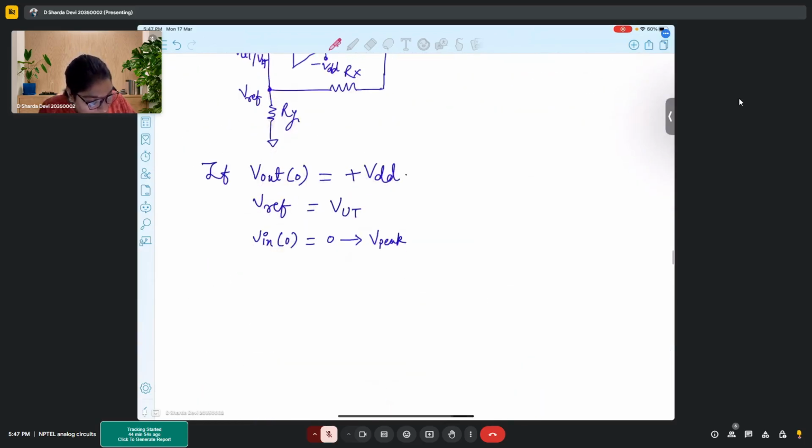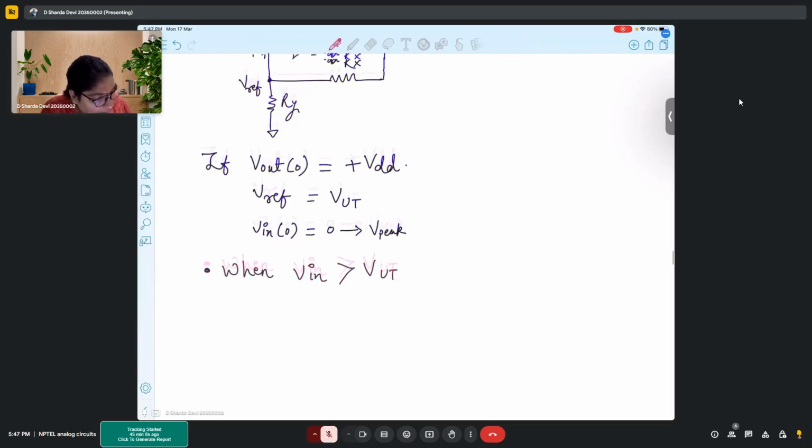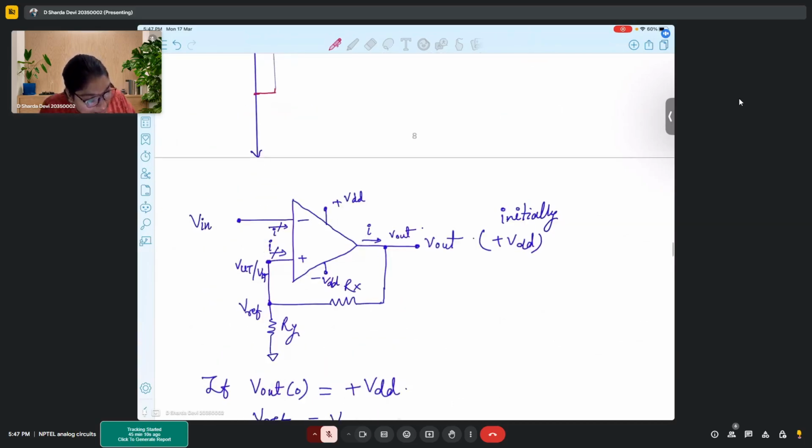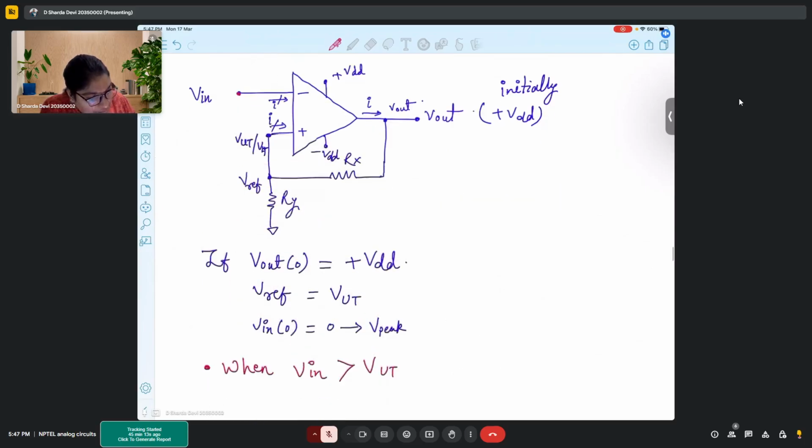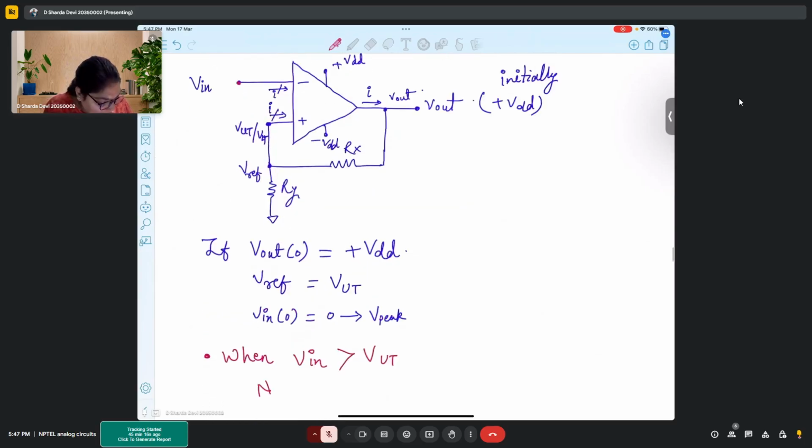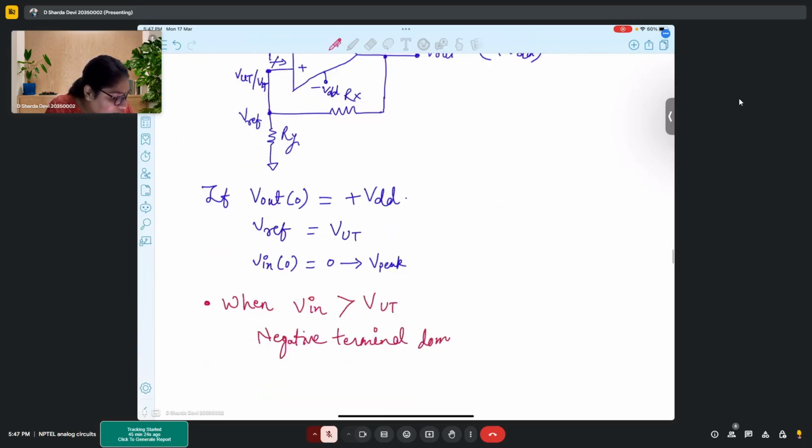when Vin becomes greater than VUT, the negative terminal dominates, and our output becomes minus VDD.